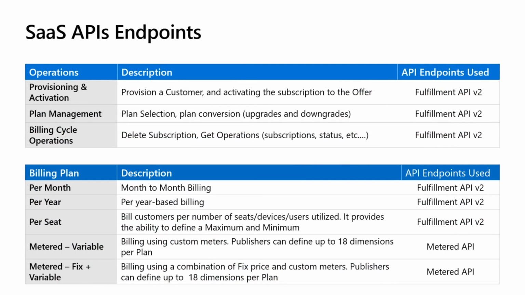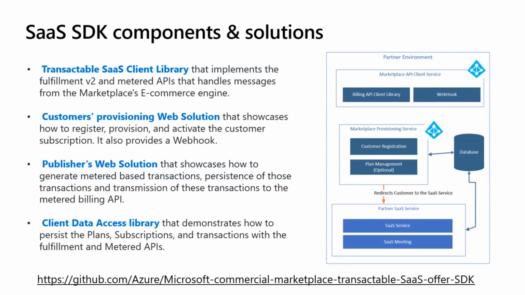So as I said, provisioning and activation, plan management, and billing cycle, that's all Fulfillment API v2. From a billing perspective, you get per month, per year, per seat on fulfillment, and then the metered API will cover all the meter calls. And as I say, everything is documented there.